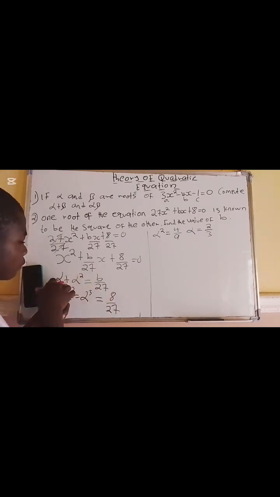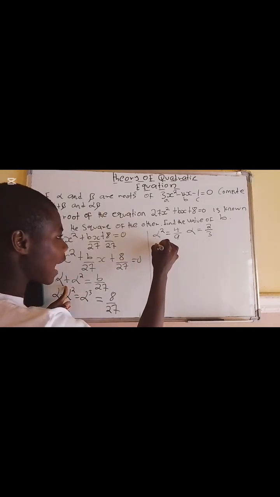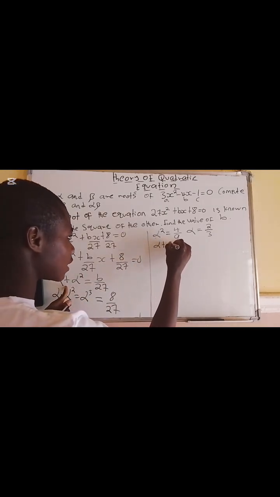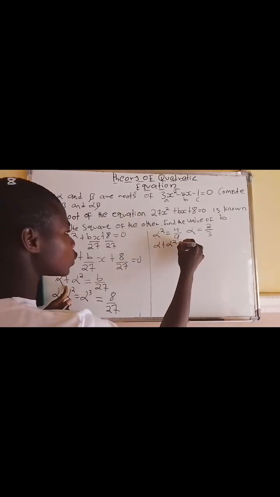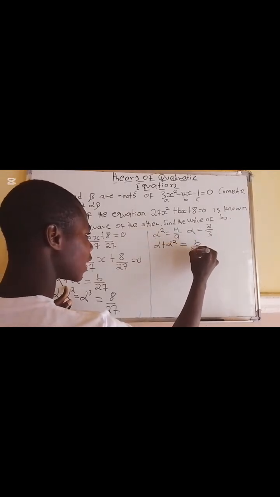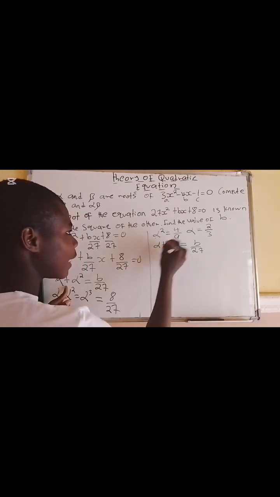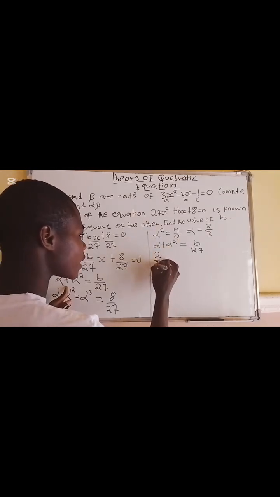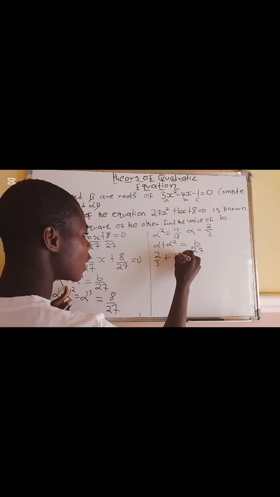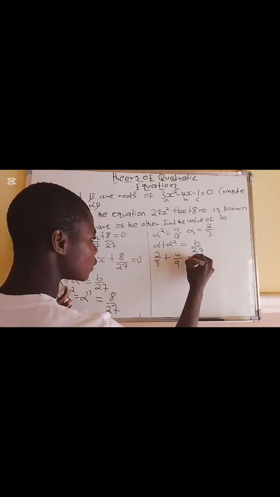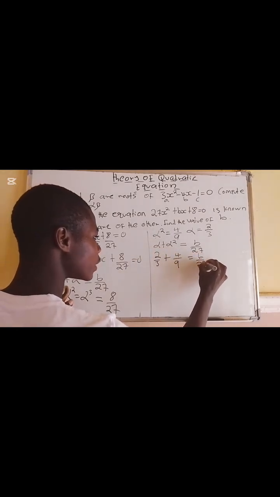Then let's get back to what we did earlier. Alpha plus alpha squared equals b over 27. The value of alpha is 2 over 3, plus the value of alpha squared, 4 over 9, equals b over 27.